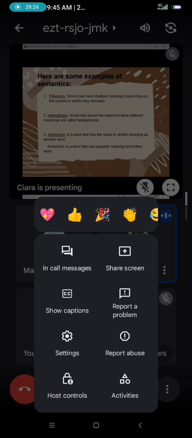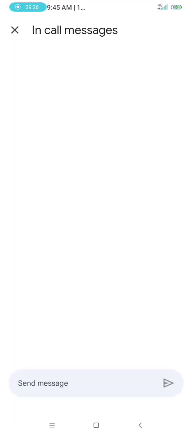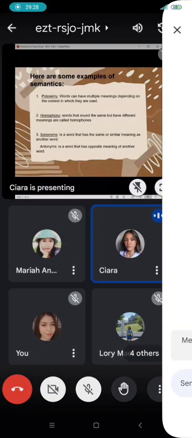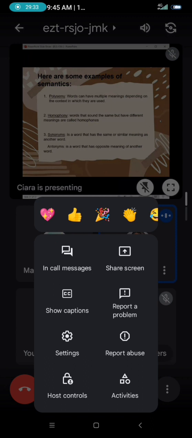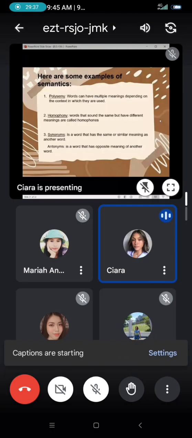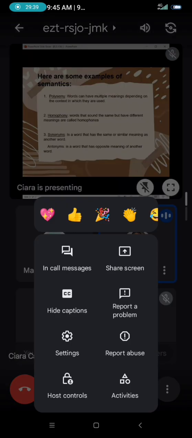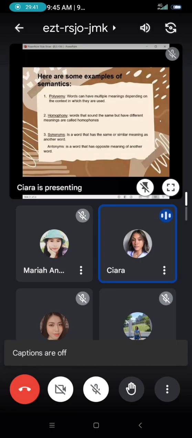Next is homophony. Words that sound the same but have different meanings are called homophones. Examples include to, too, and two. For example, I like to, spelled T-W-O, T-O-O, or T-O.